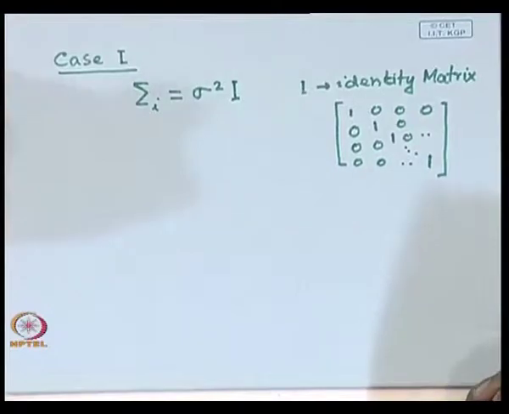Obviously, you find that when this covariance matrix sigma_i is of the form sigma square into I, where I is the identity matrix, that means we have only the diagonal elements, which give only the variance of the individual components, and the variance of all the components is the same, equal to sigma square. The off diagonal elements are equal to 0, which indicates that sigma_ij is equal to 0. That means the different components are statistically independent.